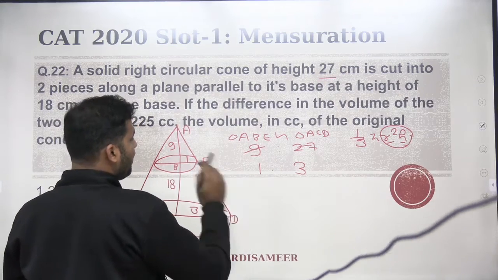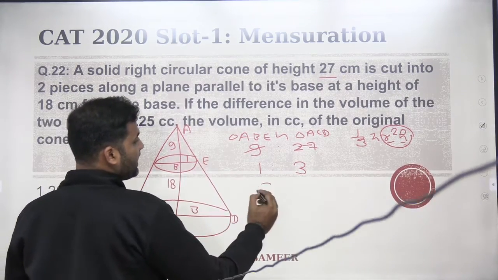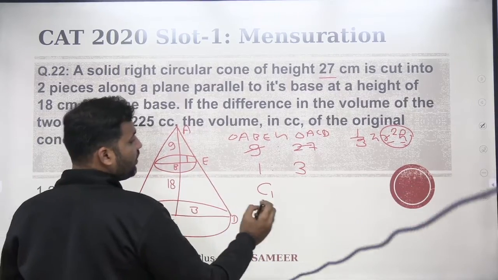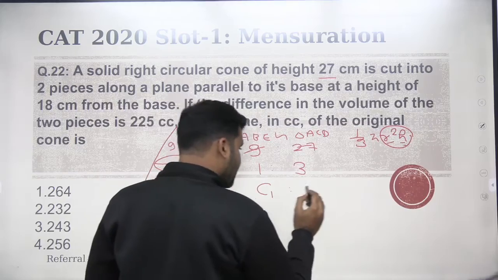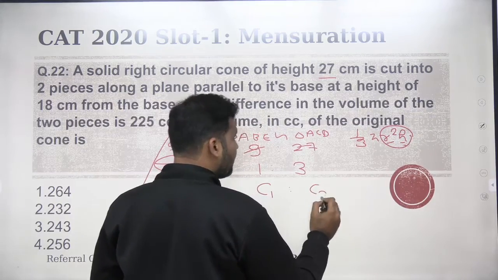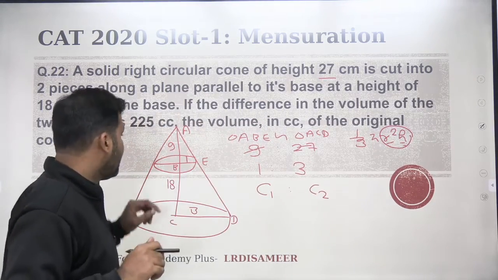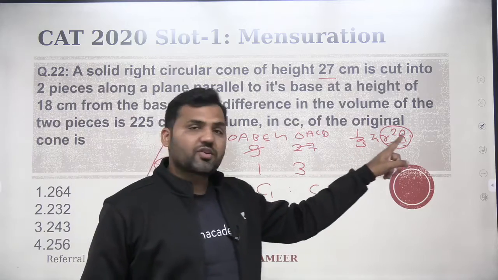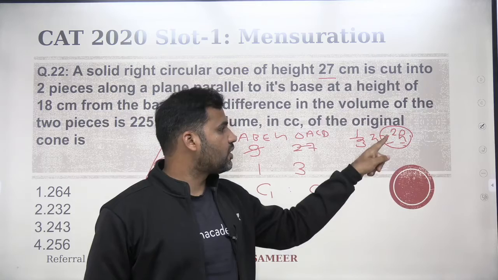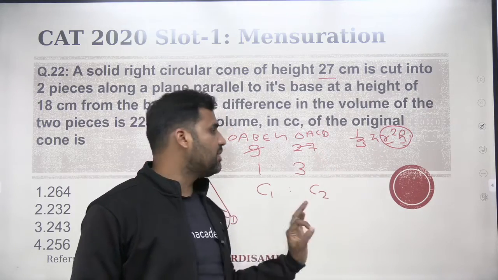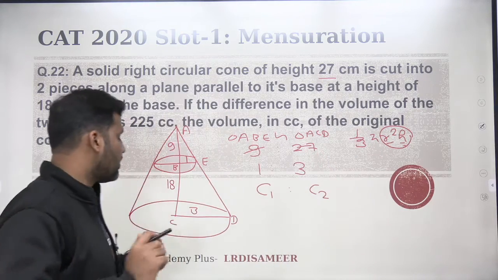The volume of the smaller cone, if I avoid 1 by 3 pi, and I look at the ratio of the volume of cone 1 and volume of cone 2, it will be dependent on r square and h, because the 1 by 3 part is common in both of these formulas, right? So r square and h will give me the ratio of the volume of cone 1 and cone 2.